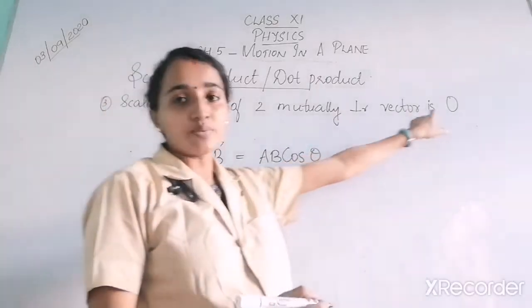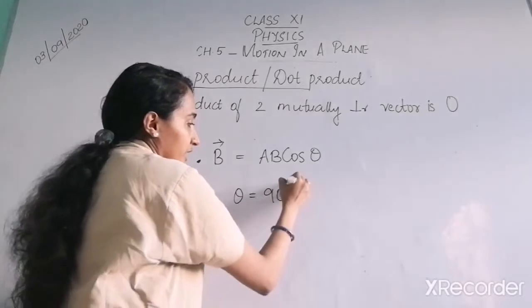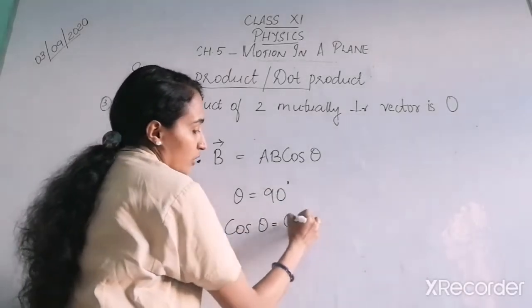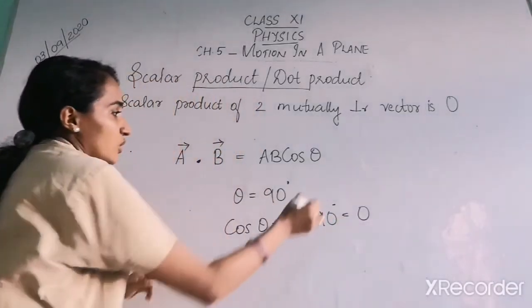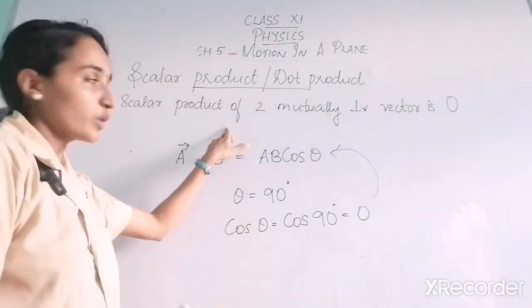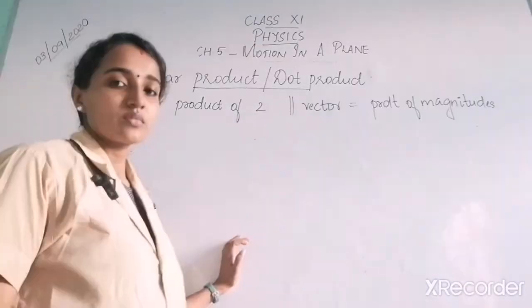Since they are mutually perpendicular, theta will be equal to 90 degrees. Cos 90 degrees is equal to 0. So automatically A dot B, the scalar product or dot product of two mutually perpendicular vectors, will be 0.